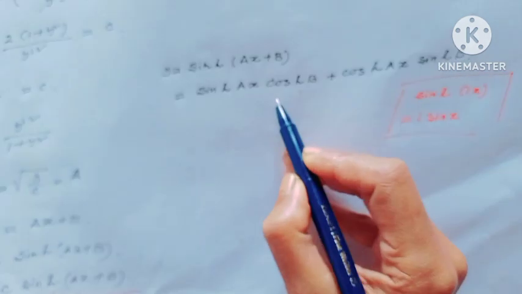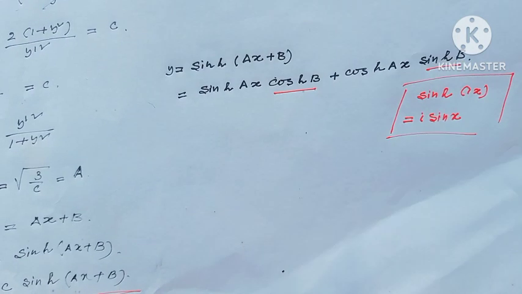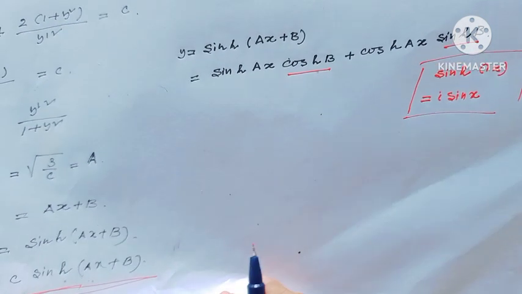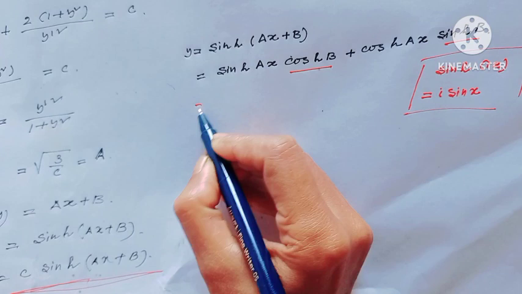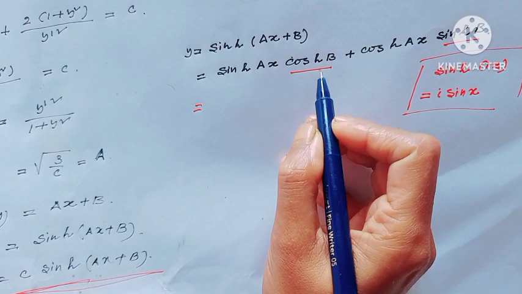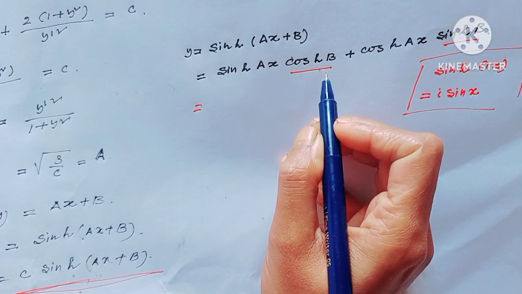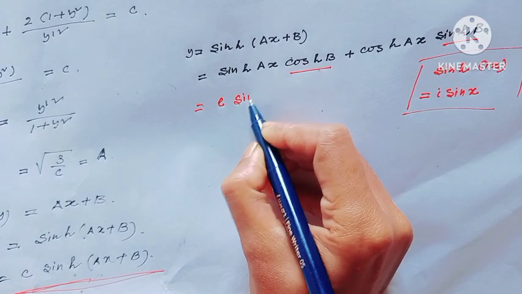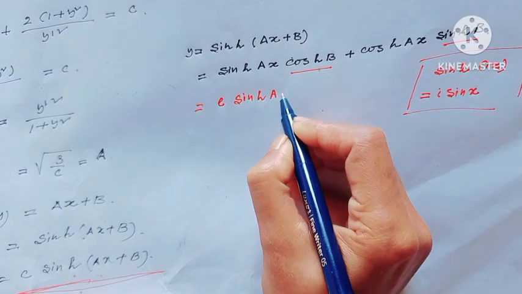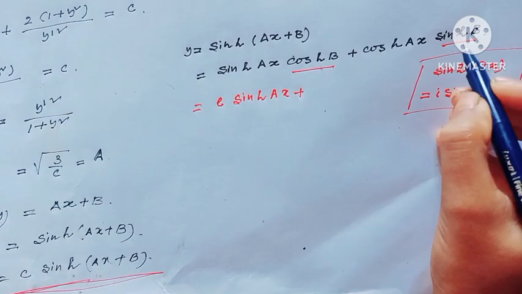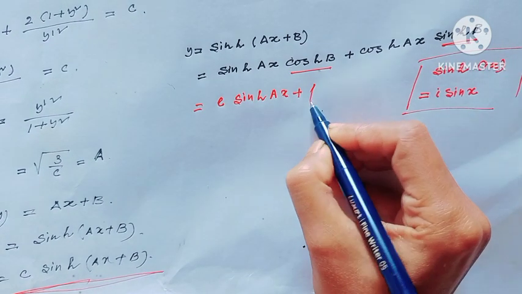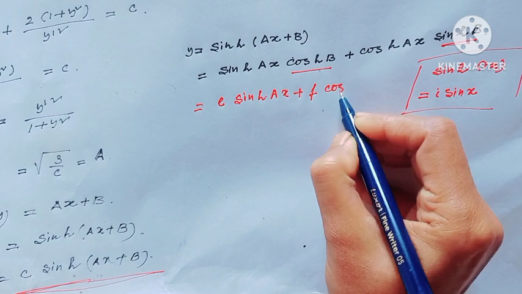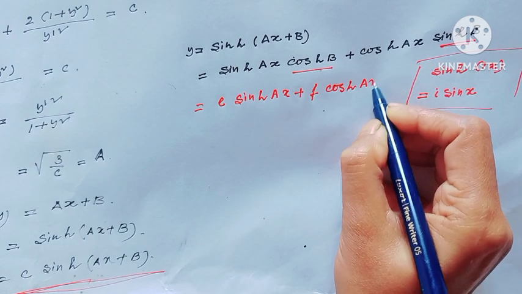Okay? And obviously this part and this part are constant terms. So we can write this as, since this is constant, consider this is e sine hyperbolic ax plus consider this is f cos hyperbolic ax.